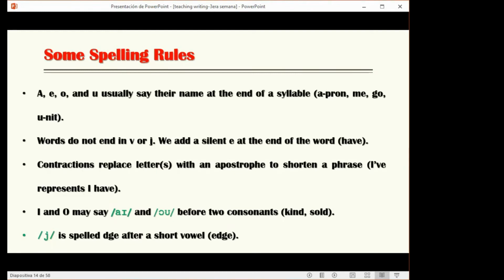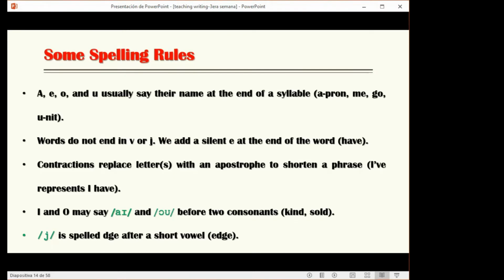The letter I and the letter O. I, O, kind, soul. The letter I is between the letter K and the letter N. Soul, the letter O is between the letter S and the letter L. So before two consonants.